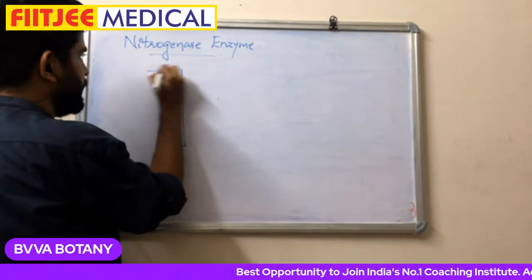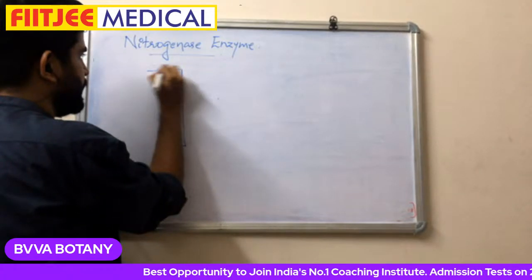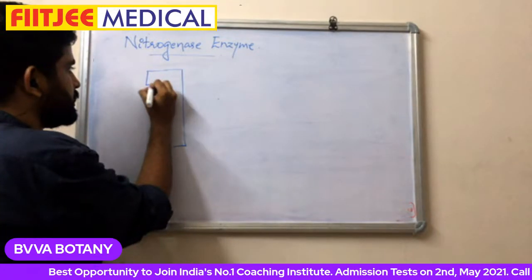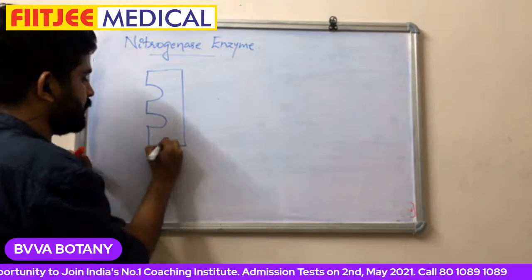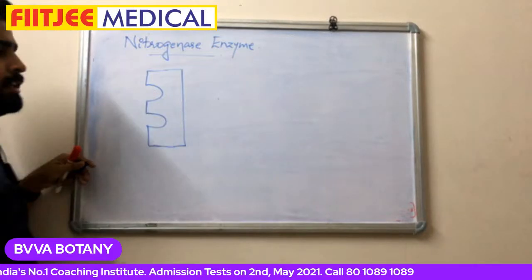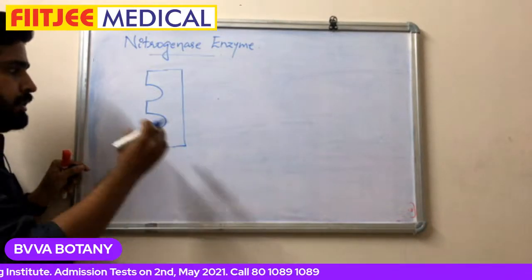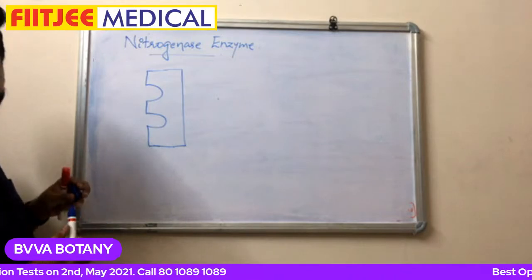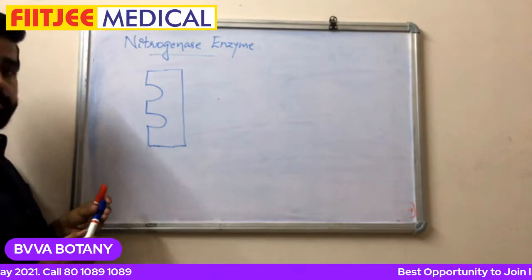It has an active site where the substrates attach. So I'm drawing the shape of a nitrogenase enzyme having the active site. To this active site, what will come and attach? The nitrogen will come and attach.